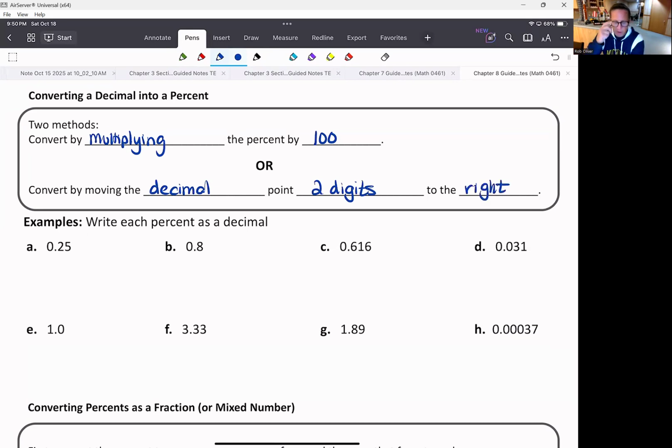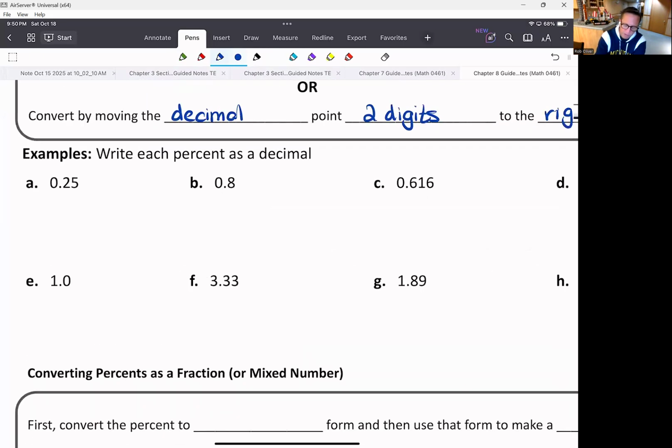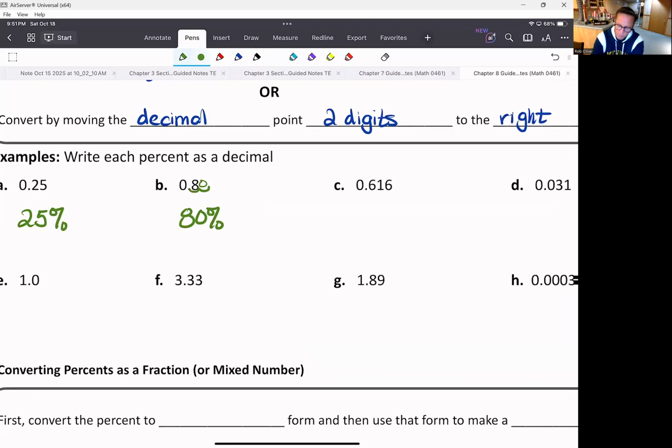So you're multiplying by 100, which in turn makes the decimal move 2 places to the right. Right here on example A, you're moving it over 2 places, so it becomes 25%. On this one, move it over 2 places, so put a 0 there, it becomes 80%. Not 8%, but 80%.